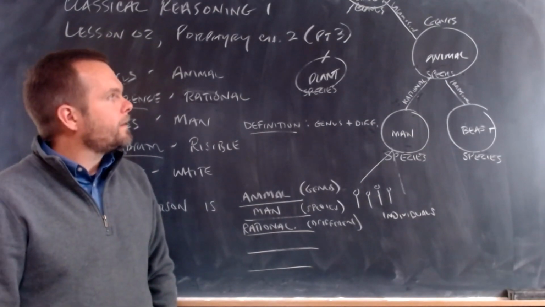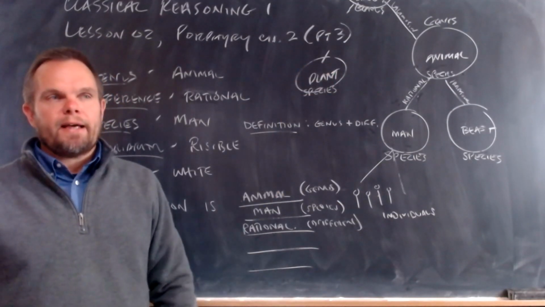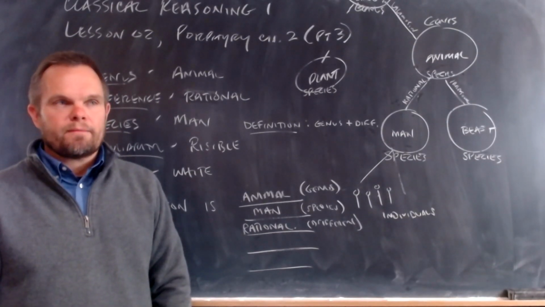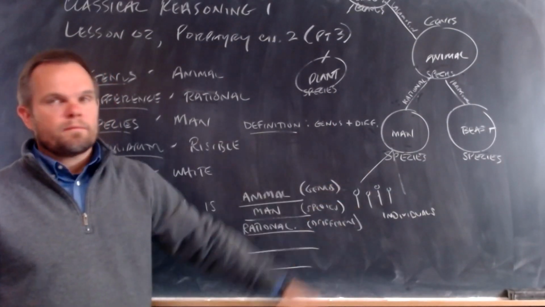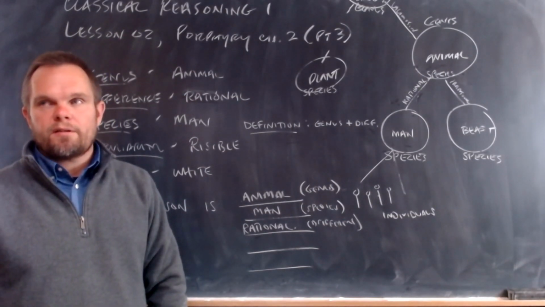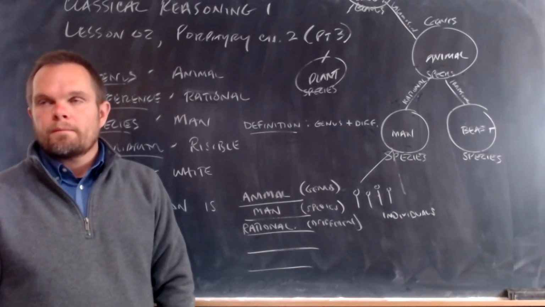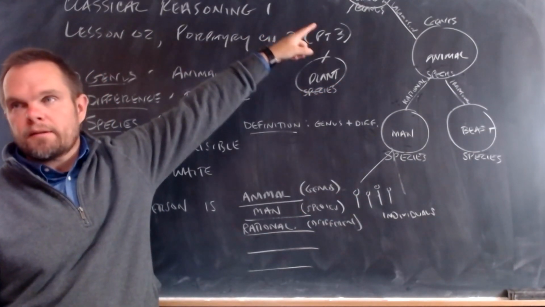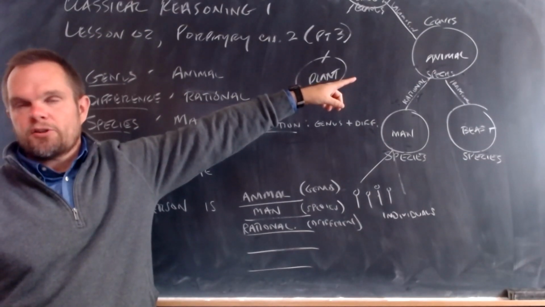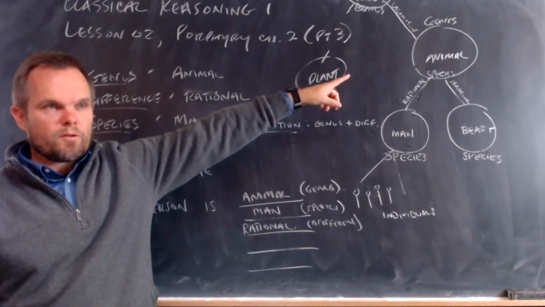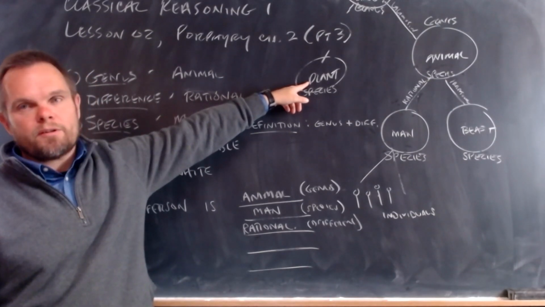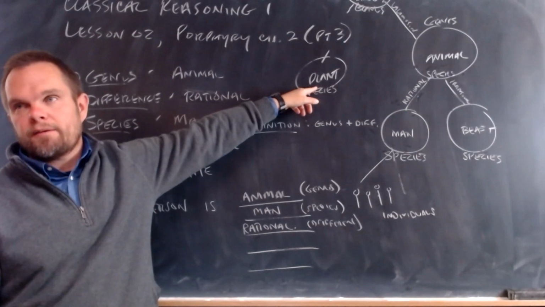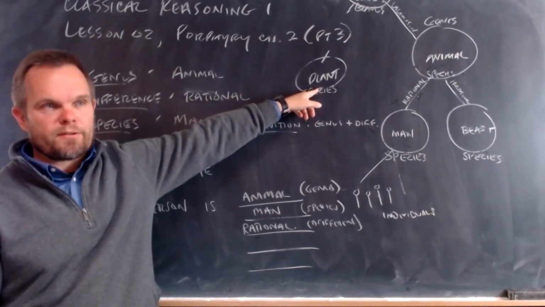Okay? So what would the definition then of animal be? What would the definition of animal be? Give the genus and difference. An animal is a living thing that has locomotion, that can change place. Okay? And a plant, you could define it negatively as a living thing that does not have locomotion, that cannot change place.